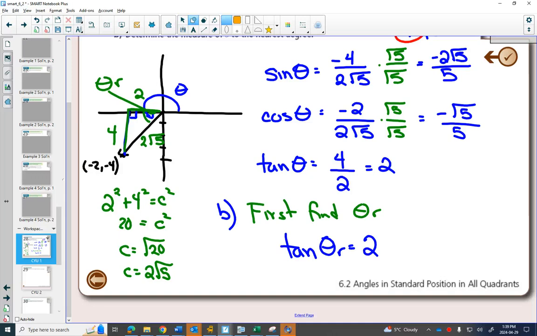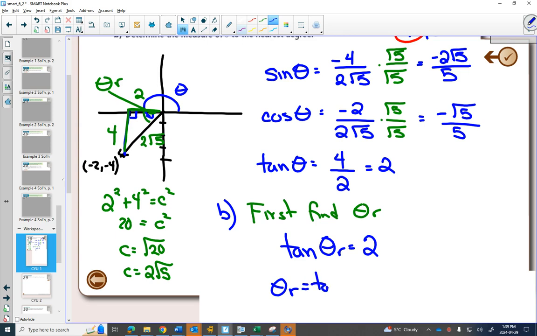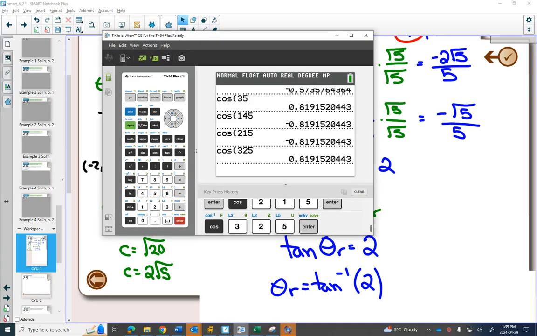You find an angle with tan inverse. So for my reference angle, I would type into my calculator second, tan inverse of 2, and I find out my reference angle is 63.43.